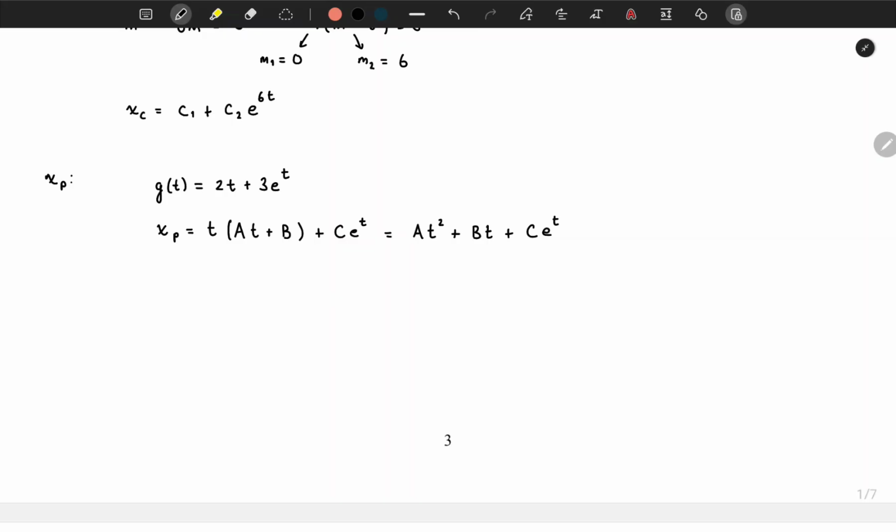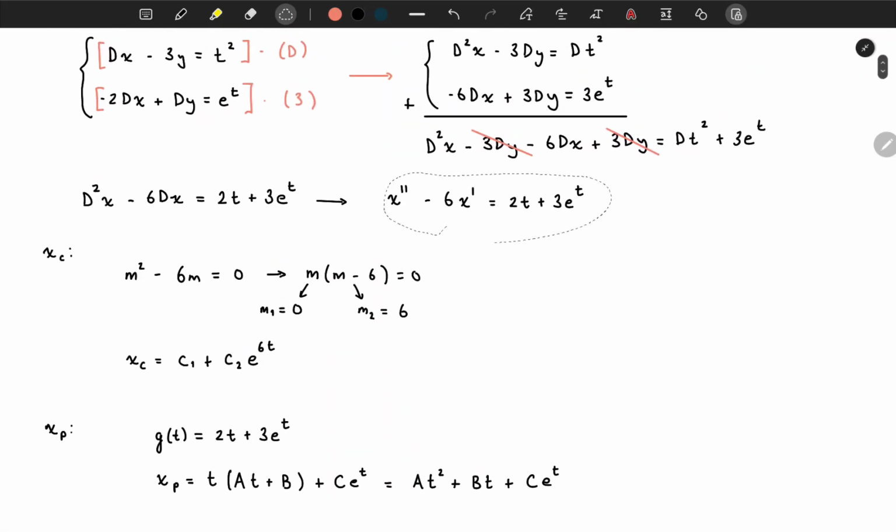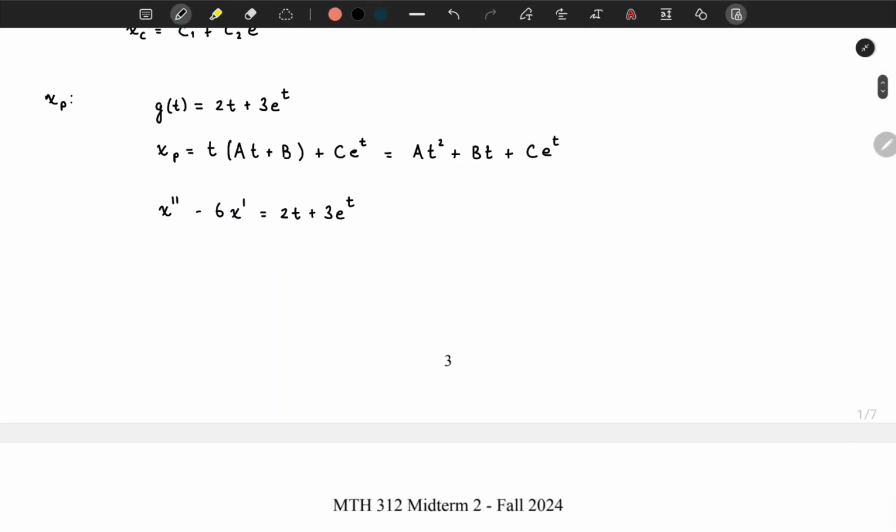We don't just set these equal to each other, we have to put our xp into the original differential equation. So let's take our equation here and paste it. We have to first differentiate xp because we don't know what x prime is, and we also don't know what x double prime is. So we have to find the derivative of xp twice. Let's go ahead and do that.